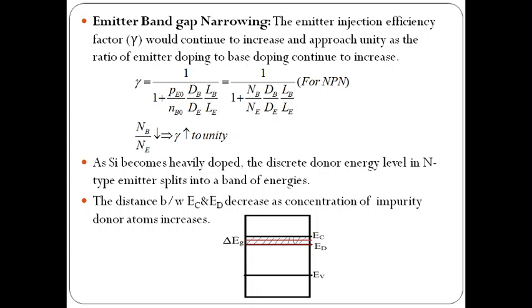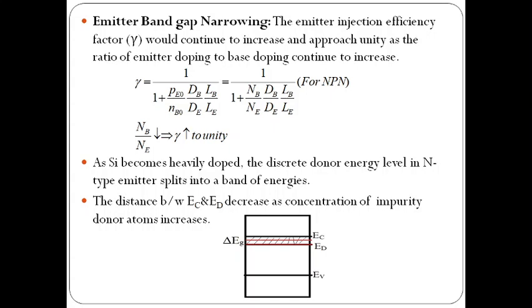This ratio is replaced with NB by NE by using the law of mass action. DB and DE are the diffusion coefficients of minority carriers of the base and emitter regions, and LB and LE are the diffusion lengths of the base and emitter regions.